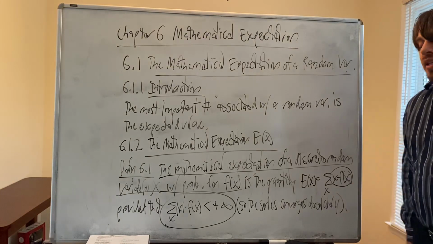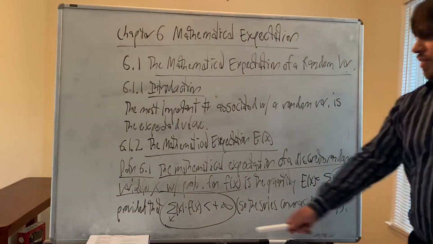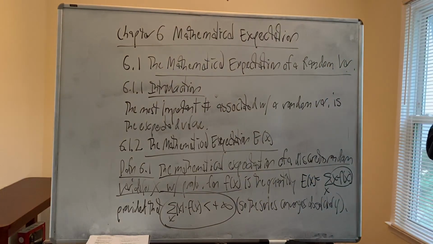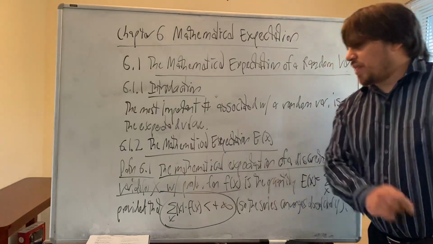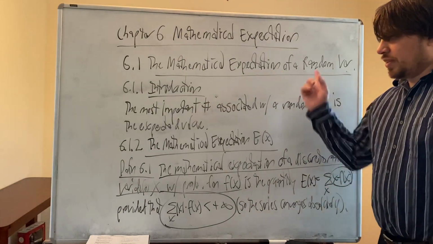That's represented with the absolute value only around x, because f is positive or 0, it's not negative, so the absolute value of it is equal to itself. Okay, and that's the definition of the mathematical expectation of a random variable.